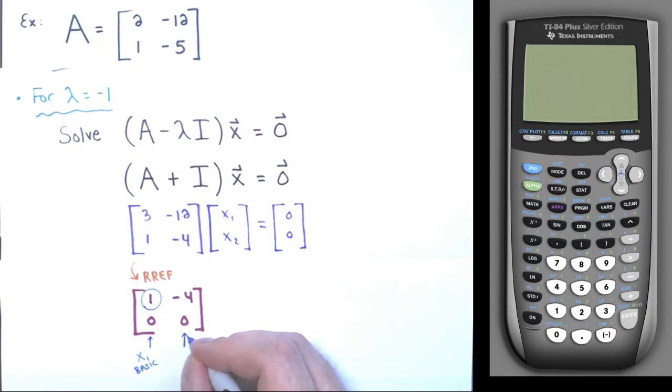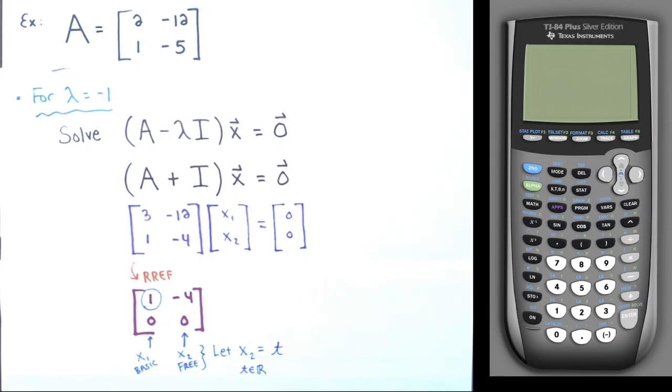The second column is not a pivot column, so x2 is a free variable, meaning I can replace x2 with any real number I wish. You can leave it as x2, but I like to replace my free variables with other parameters that can take on any real number value. Usually it's t, where t is any real number.